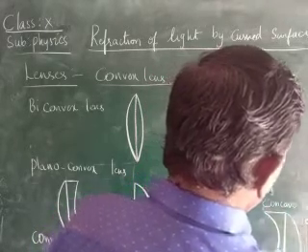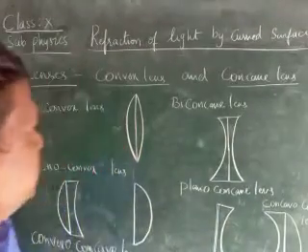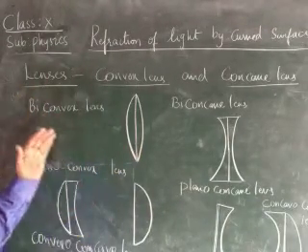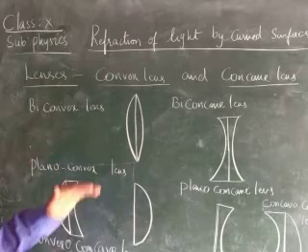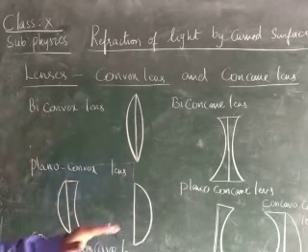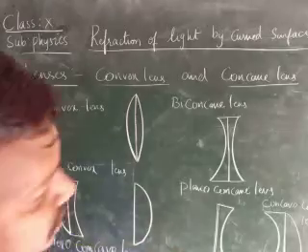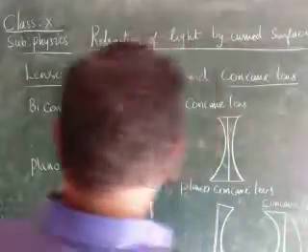So we have different types of lenses: convex lens, concave lens, biconvex lens, biconcave lens, plano-convex lens, plano-concave lens, convexo-concave lens, and concavo-convex lens.